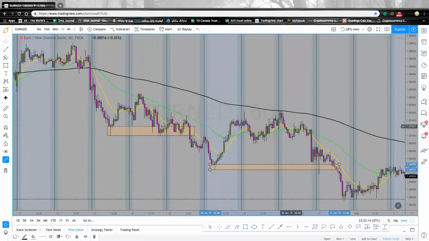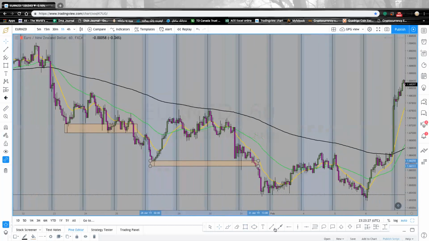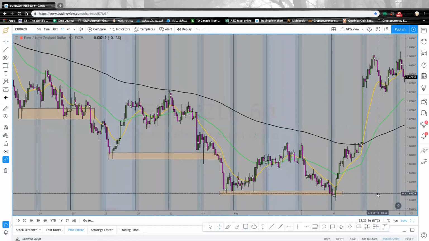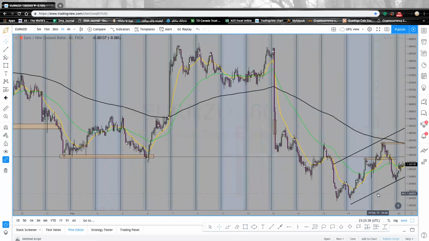Went up, accumulated, came back down to fill it, but they didn't have liquidity again, so they need to accumulate more and then fill. The wick here again got filled. So now they're going up.